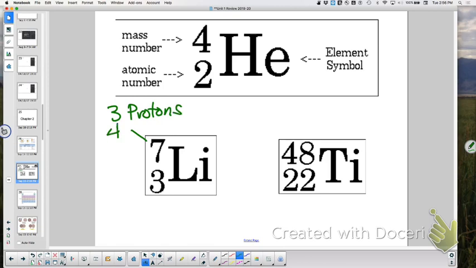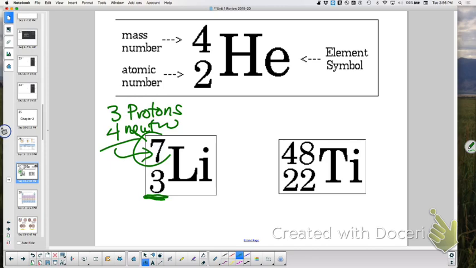He has 4 neutrons because 4 plus 3 is 7. This number will always tell you the number of protons. Okay. Is lithium happy? No.